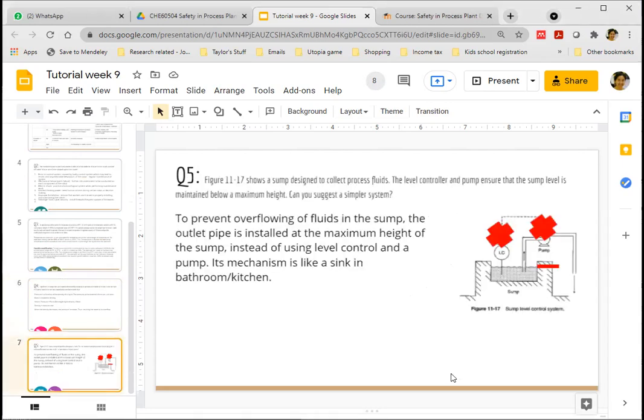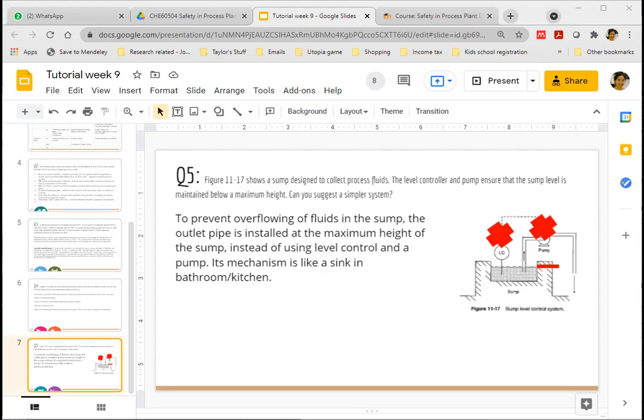Okay, question 5. Can I have someone to present? Thank you. Hello. Yeah, I will present question 5. Question 5 is a sump tank designed to collect the processed fluids. The level controller and the pump ensure that the sump level is maintained below a maximum height.